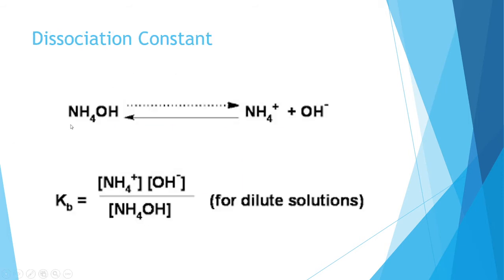Let us consider another reaction: NH4OH dissociates into NH4 plus and OH minus. So this is a dissociation step. We can write the equilibrium constant like this: K equal to the concentration of NH4 plus, that is a product, times the concentration of OH minus, divided by the concentration of NH4OH.